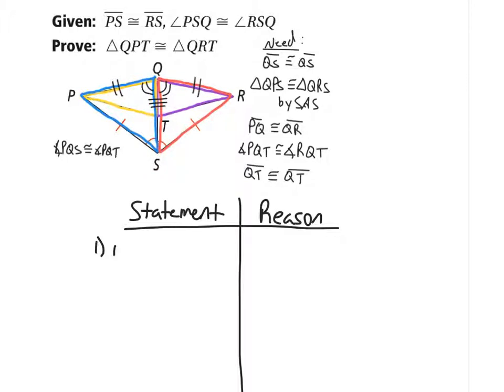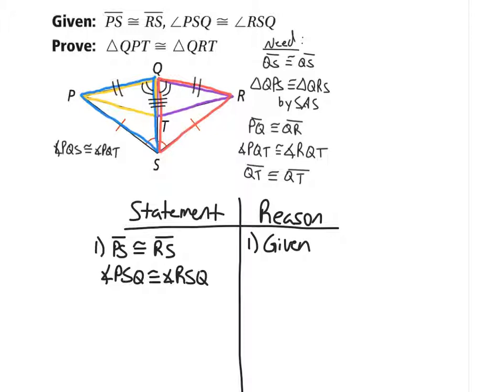We are given that line segment PS is congruent to line segment RS, and we're given that angle PSQ is congruent to angle RSQ. All right, so there's our givens.